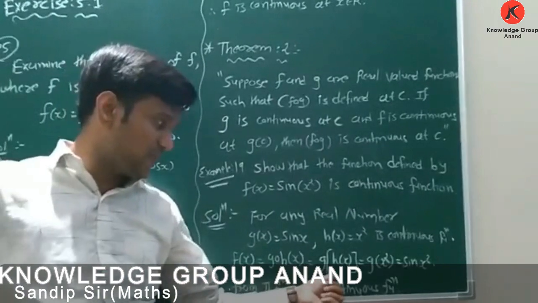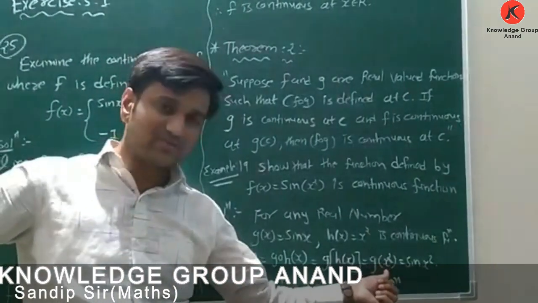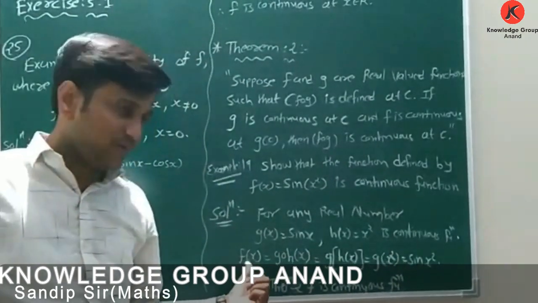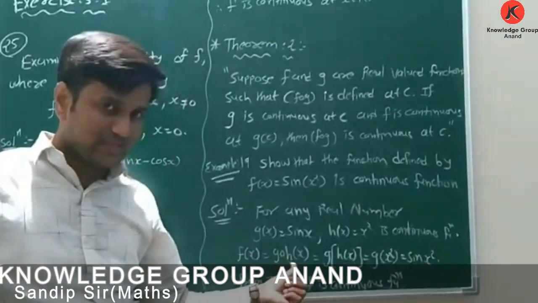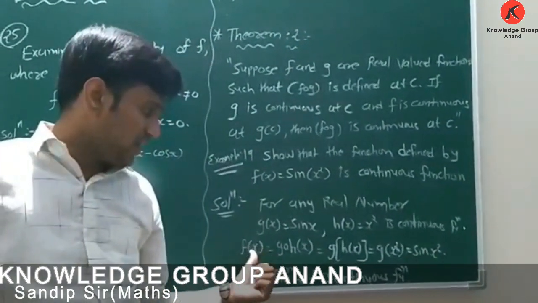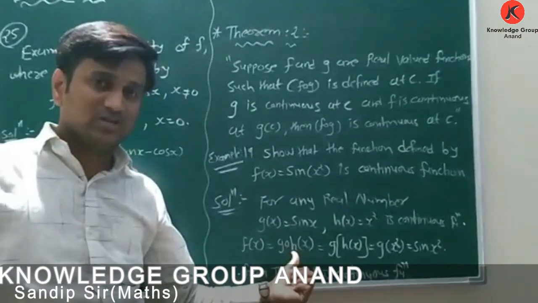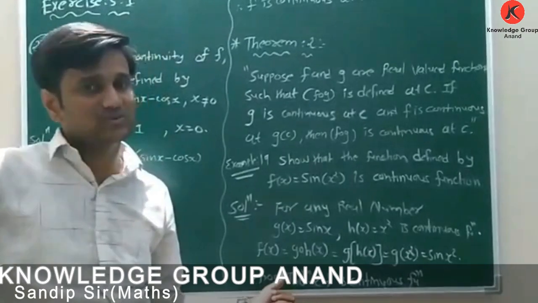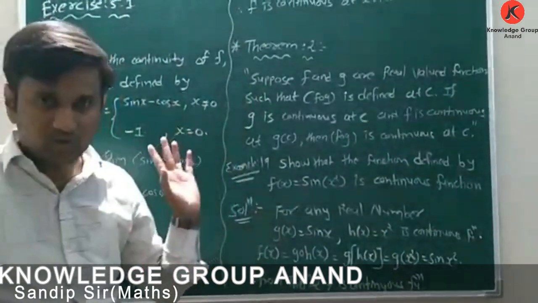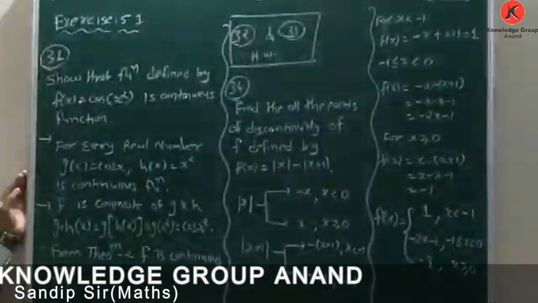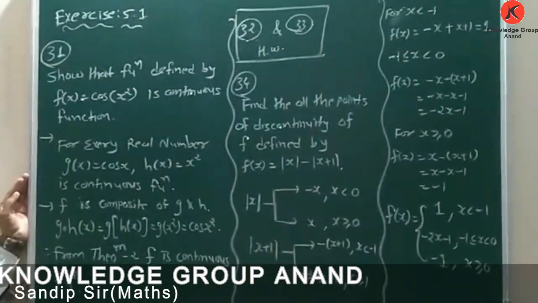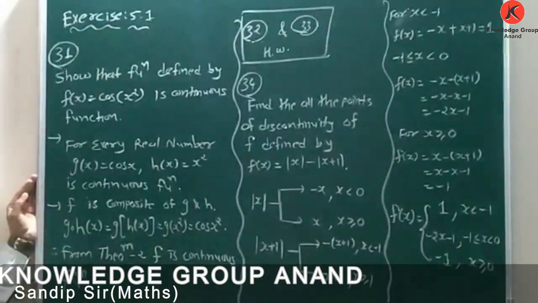That means g of h of x is equal to g of x square, which is sin x square, that is f of x. That means g continuous, h continuous, so g composition h is a continuous function, and we can say that f is continuous from theorem 2.